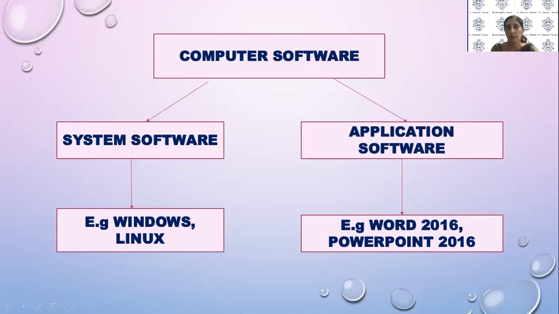Along with this, we have other types of software as well, like MS Paint, which is used for making drawings, etc. And we have this Zoom app as well, which you are using these days for attending your online classes.